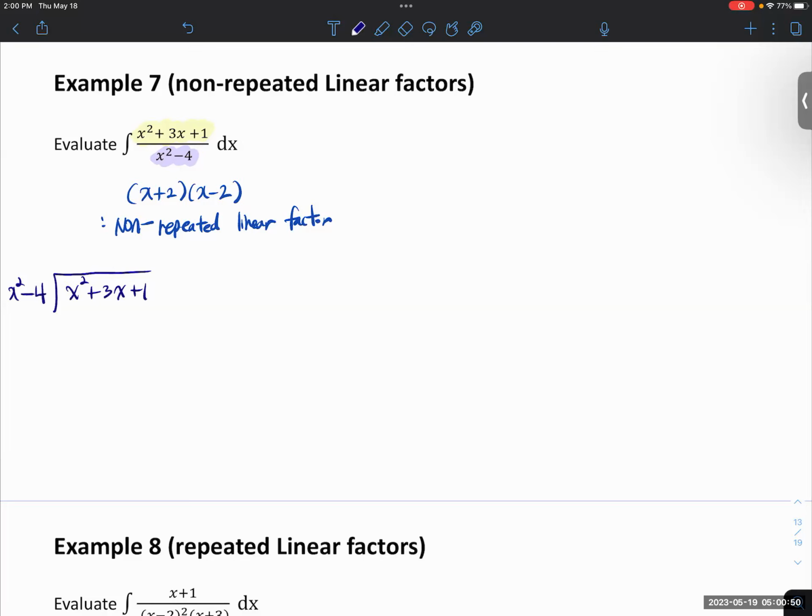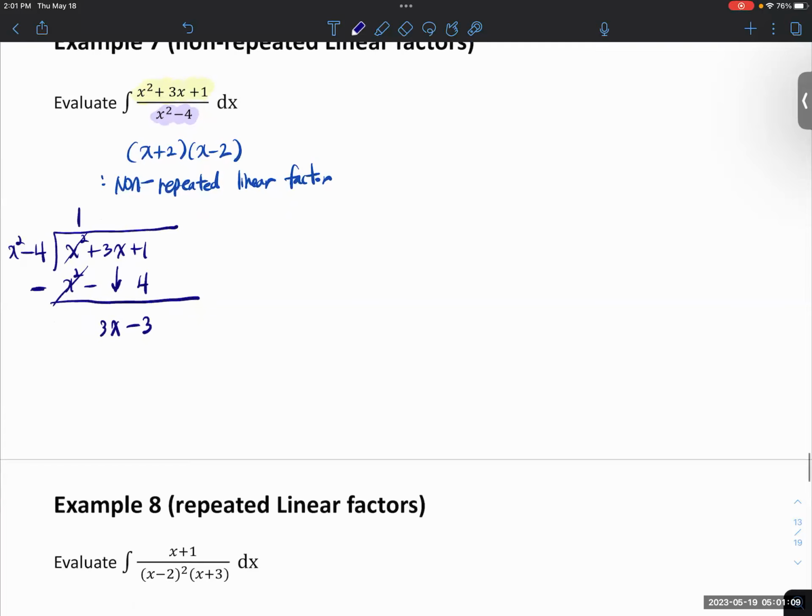So what happened is, you can find out just 1, because 1 times x squared minus 4 is going to be that. And then cancel, bring down 3x. 1 minus 4 is a negative 3. So actually I have a negative 4 here.